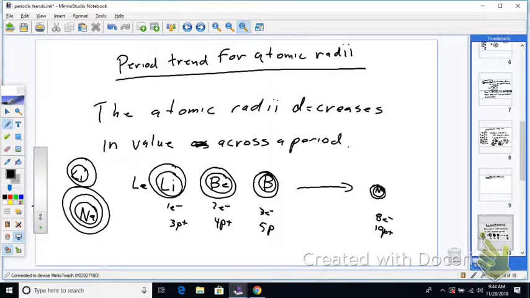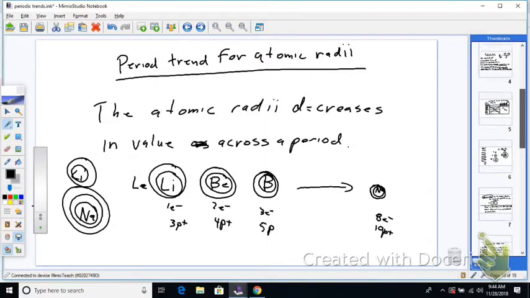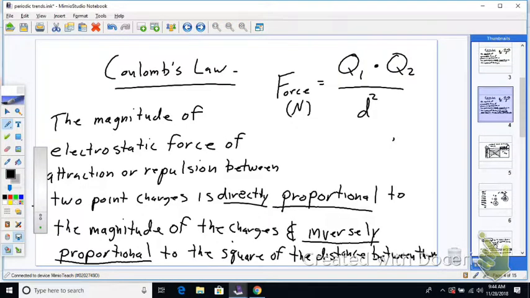So I go back to this law here. Could you use that? You could, couldn't you? What's happening to Q1 and Q2? They're increasing. The electrons are increasing at the same level, same distance. Because they're increasing, the force is increased.